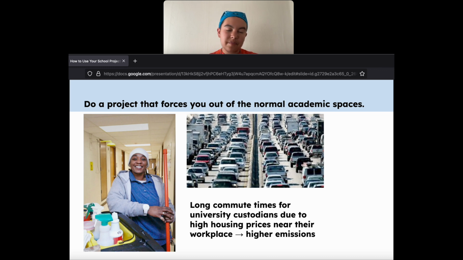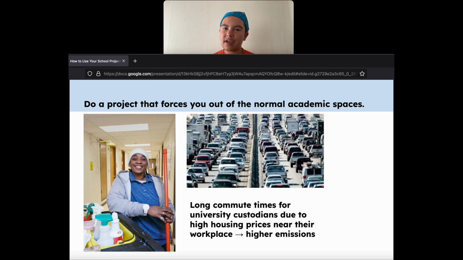So for example, we're in the university all the time, but do we think about the people who keep the university running, like the custodians? So when I was talking to custodians at my old university, I found that a lot of them had super long commutes.